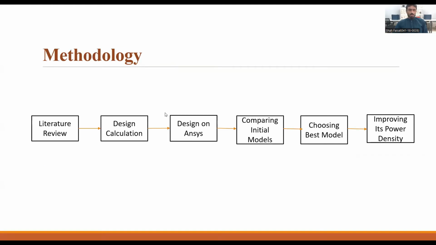The methodology we carried out throughout our project is literature review, design calculations, design on ANSYS, comparing the initial models and choosing the best model, and improving the power density of that model.